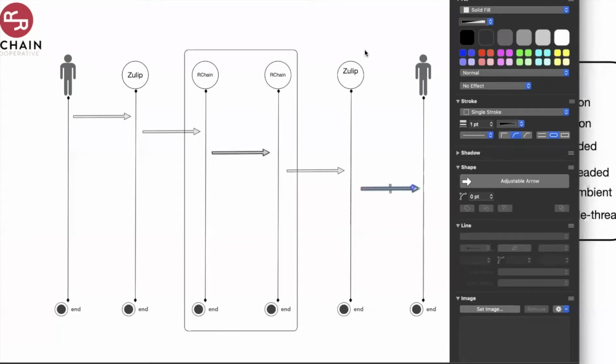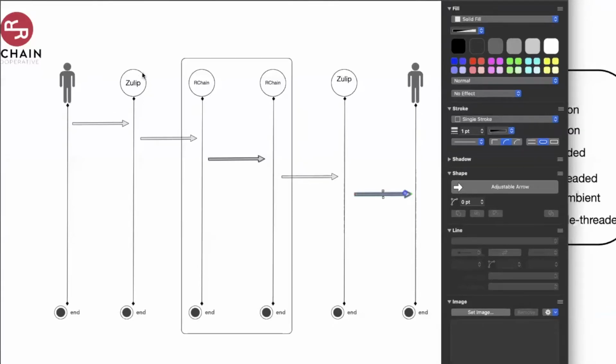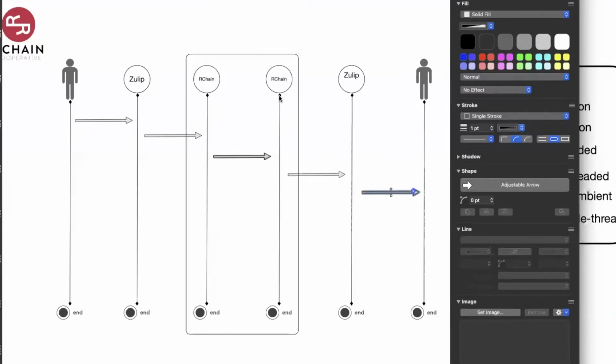So the two pieces of the puzzle that we get are, first, the Zulip data is now going on chain, and because it's going on chain, you don't lose the data, right? It becomes an immutable record of the conversations.